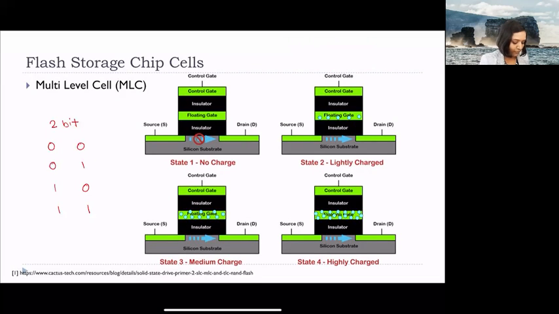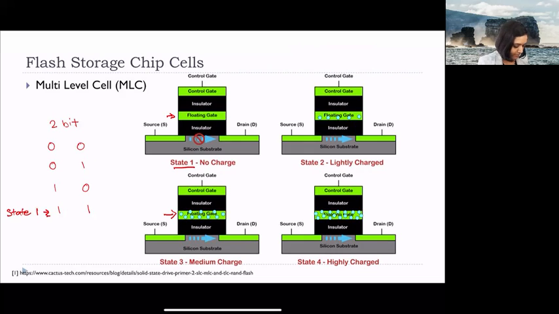It depends upon the density of electrons gathered inside the floating gate. As we see here in the 4 states illustrated in this figure, first, if there is no charge in the floating gate, that could be called state 1. We can say that our 1 1 could represent state 1.